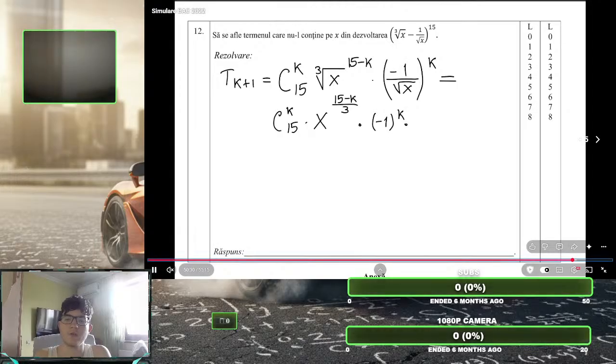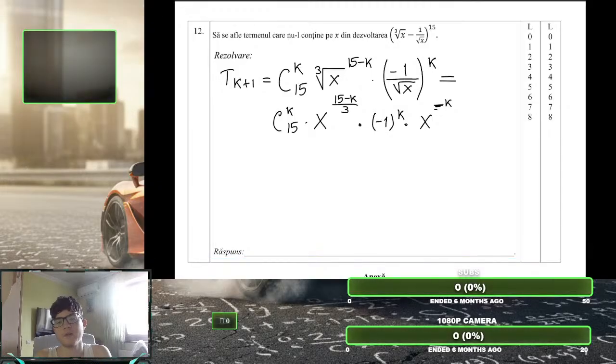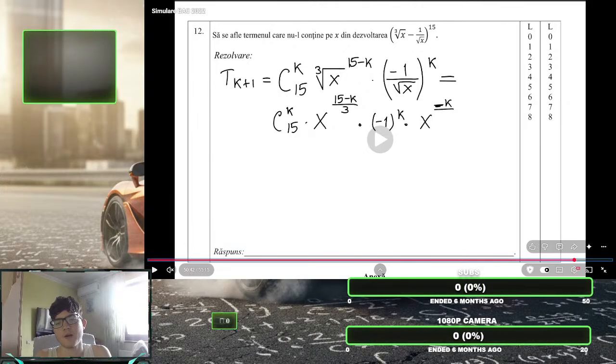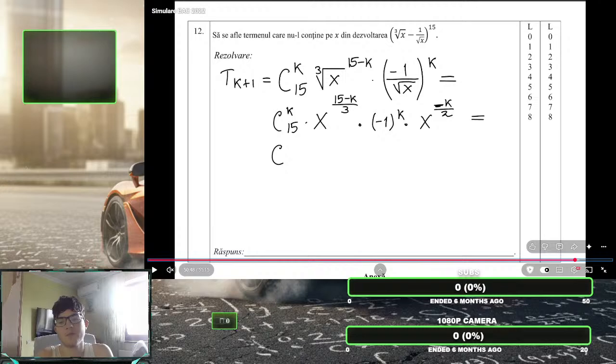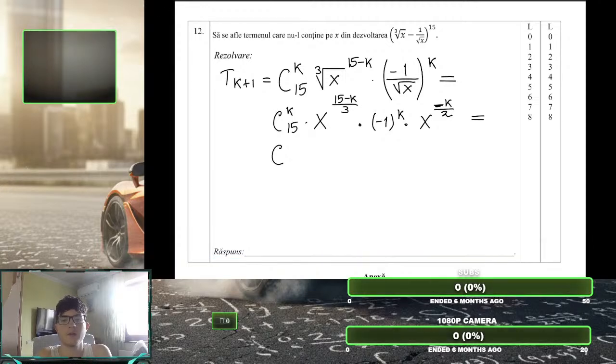The square root of x is x to the power of 1 divided by 2, so it's going to be x to the power of minus k divided by 2. Okay. So we just move the minus 1 to the power of k out of there because we work with the x term, so we don't really need the other stuff.